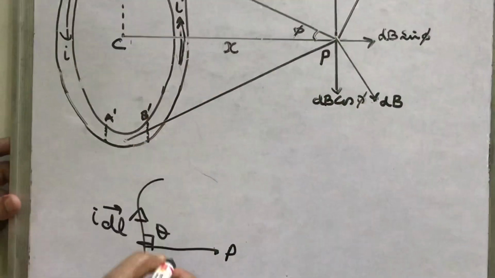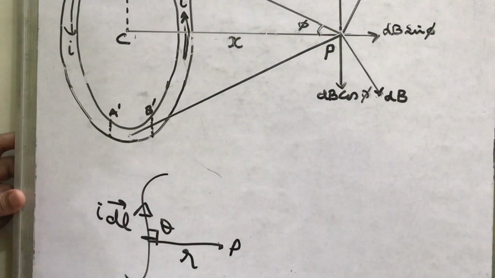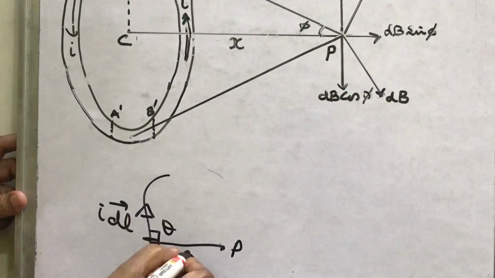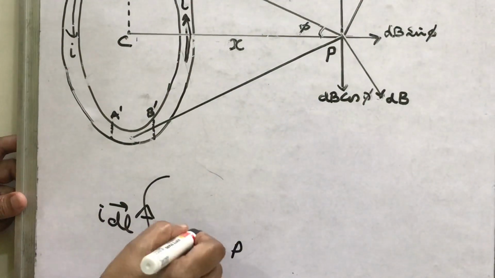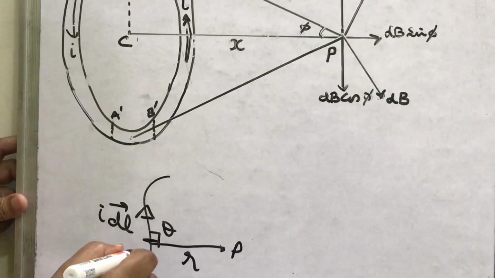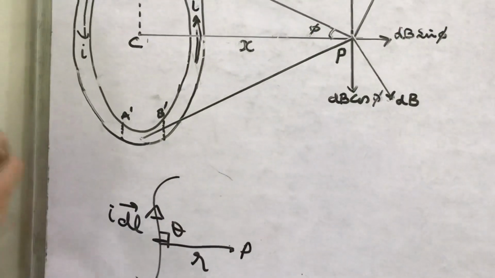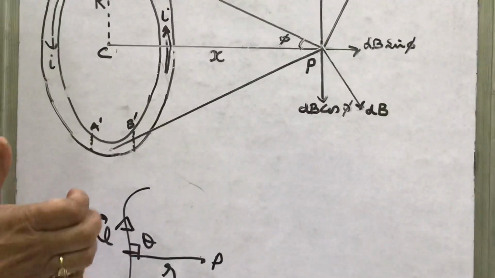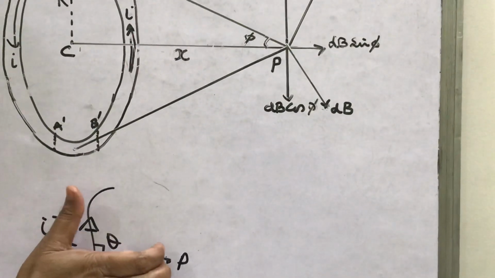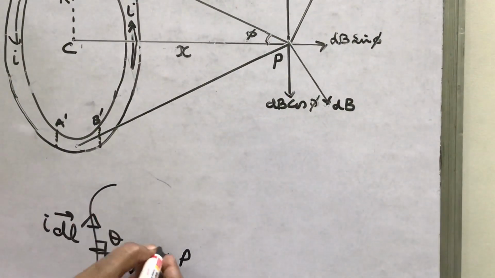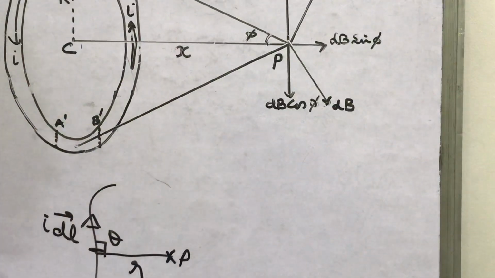Theta is 90 here, this is r, and the direction of current is upward. Which rule? Screw rule or right hand thumb rule. What is the direction at P? Cross.